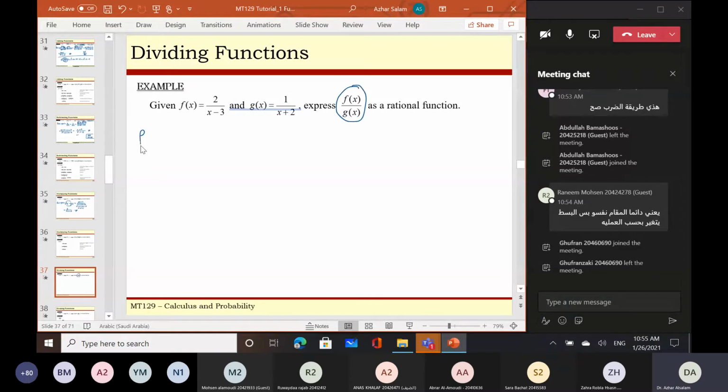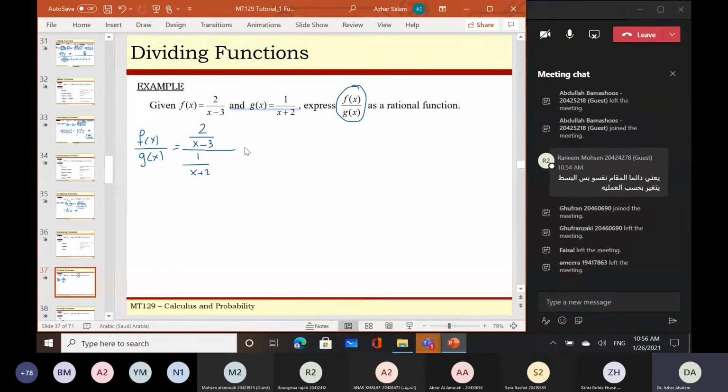Divide f of x by g of x. So I have to take 2 over x minus 3 divided by 1 over x plus 2. This is f and this is g. So I have to take f as it is.